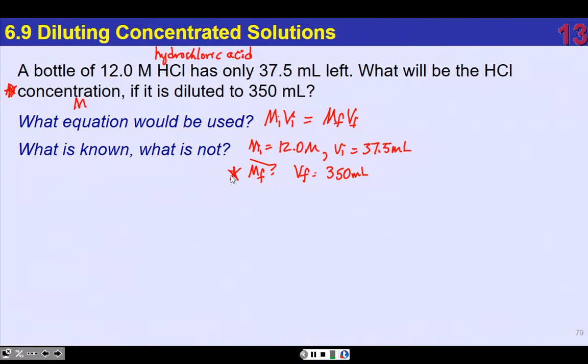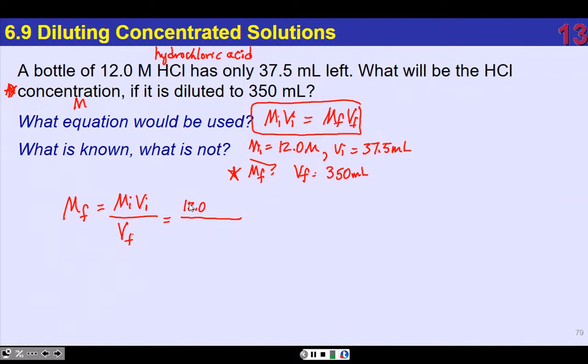Not a very difficult rearrangement. This is not tricky math. Pretty simple algebra, I hope. So the final molarity is going to be initial molarity times the initial volume divided by the final volume. Put in some numbers. Write out all your steps. There is no substitute for being careful on these, because there's 150 ways to make errors when you don't write things down.